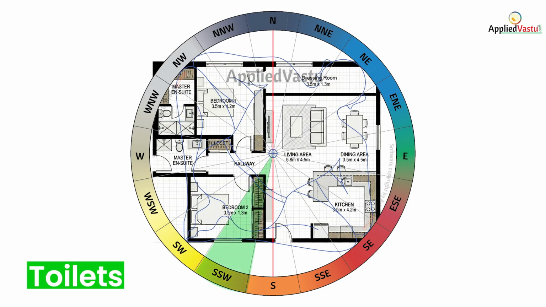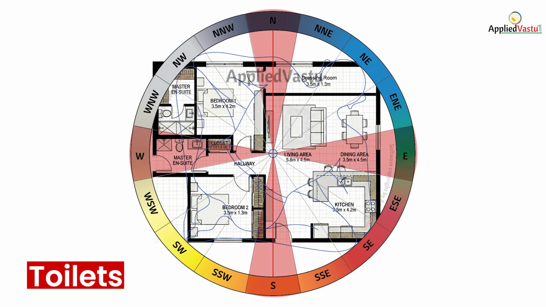Similarly, toilets are traditionally considered suitable in the south-southwest direction or between the west and northwest directions. However, a toilet should never be located in the northeast, Brahmasthan or southwest zones. For toilets located in most other directions, AppliedVastu can provide remedies without requiring any structural modifications.